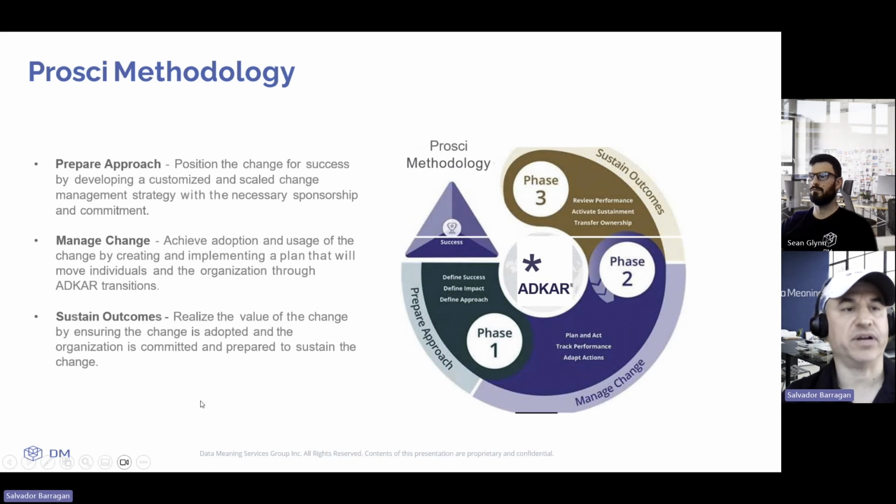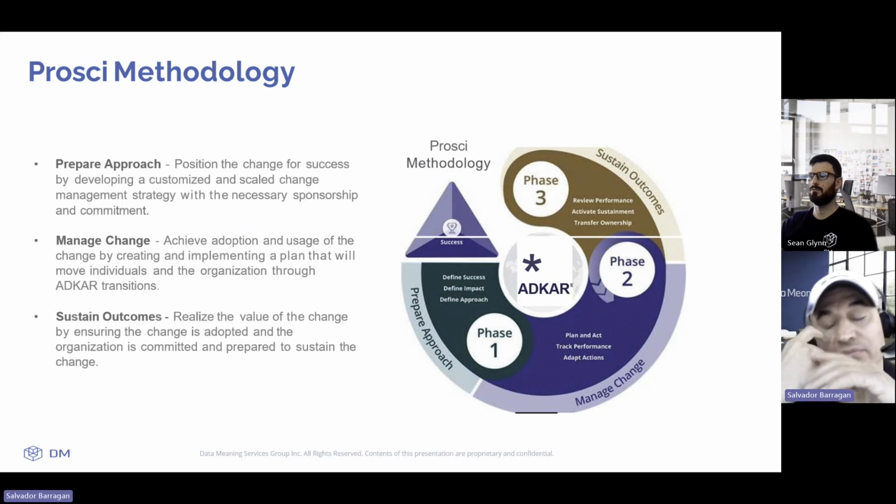So a little bit about this methodology. It's a classical methodology. You have different phases: your prepare phase, your manage change phase, and your sustain phase. It's very common with all methodologies to follow this process. The first step is obviously the preparation stage. That's where you define what success looks like, you define the impact, and you define what approach you're going to use.